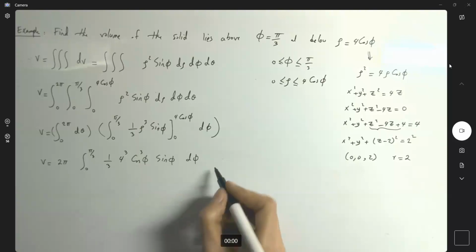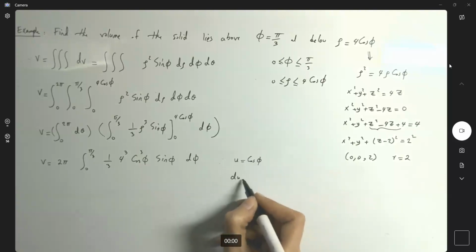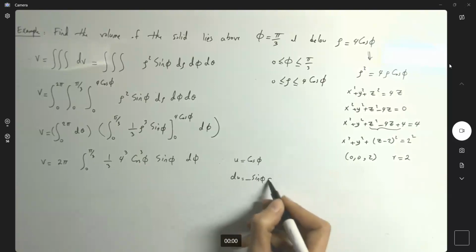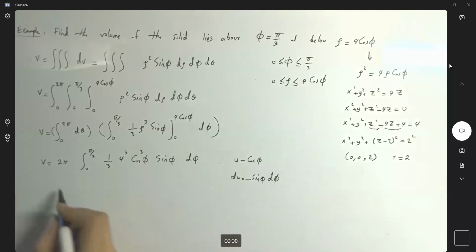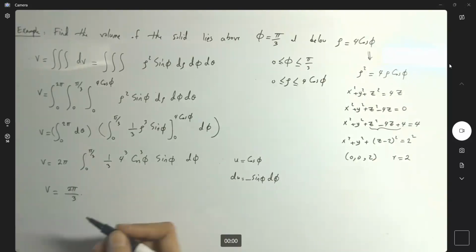Here I can use u-substitution, u is equal to cosine phi, and du is equal to negative sine phi d phi. So the volume becomes 2 pi over 3 times, okay, here we have 4 to the third. I write it this way, maybe I can simplify later.